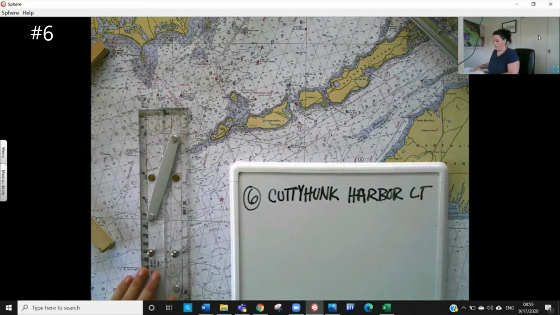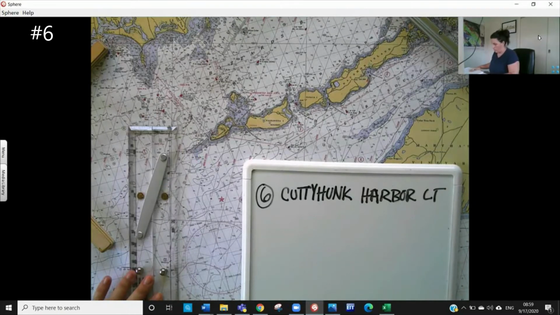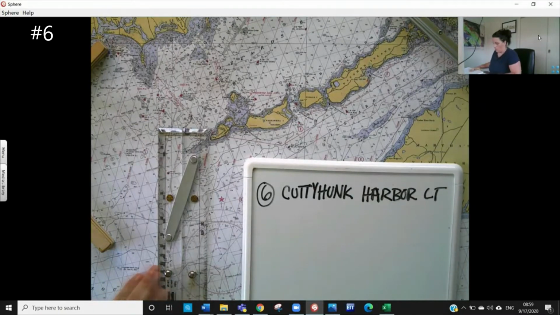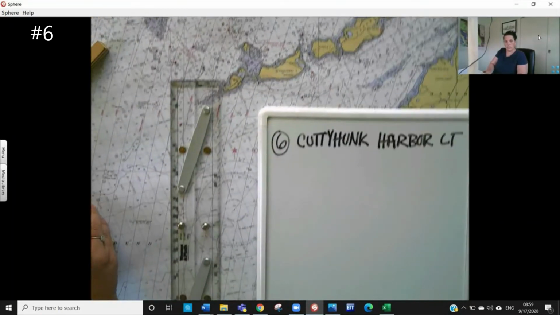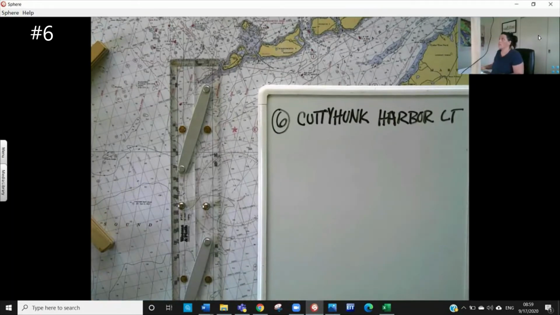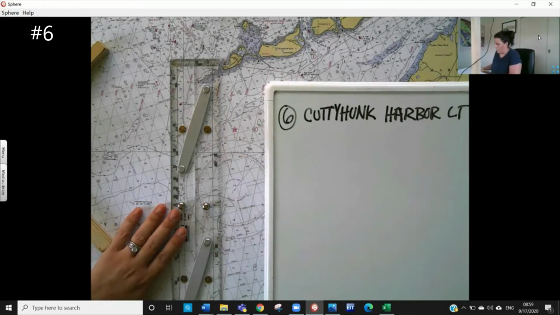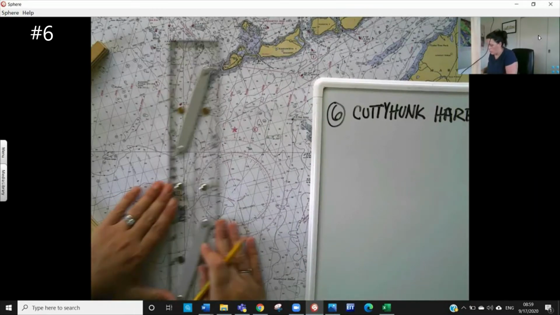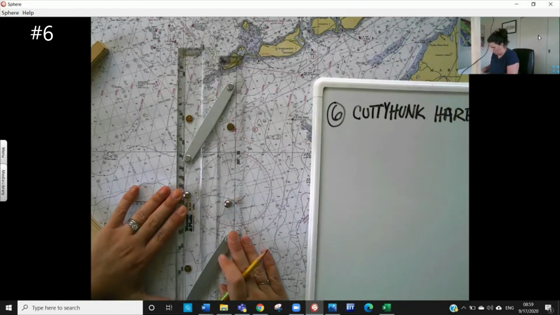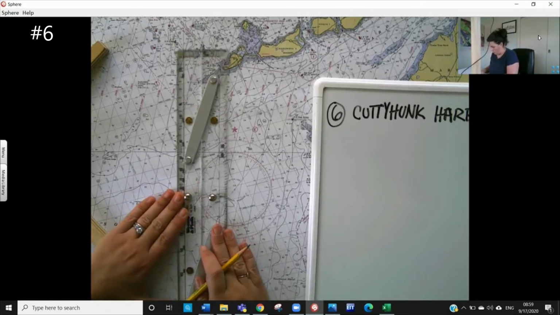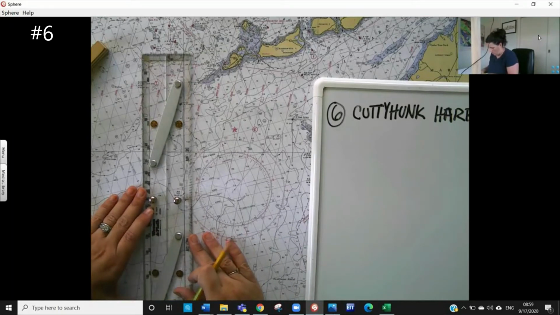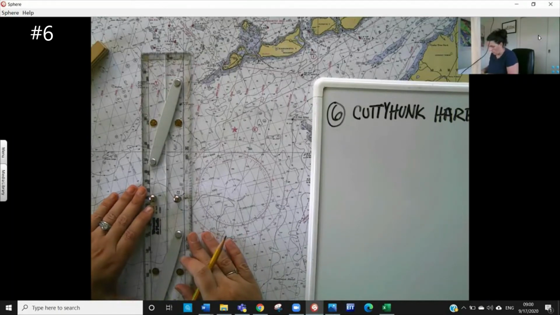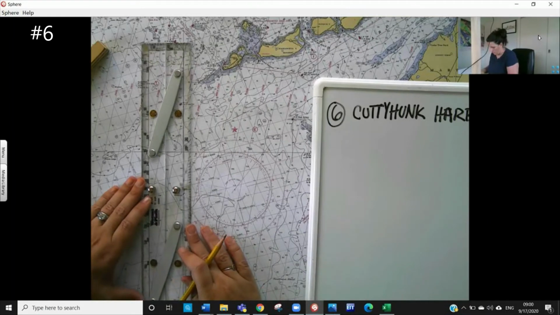So to get our latitude and longitude, let's see, our parallels might actually work. See if we can move down a bit. I don't think we can. Okay, so I am going to have to bring it on this one. So I'll get this right here.